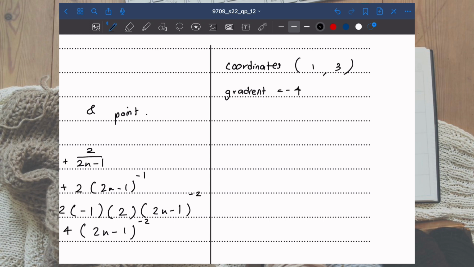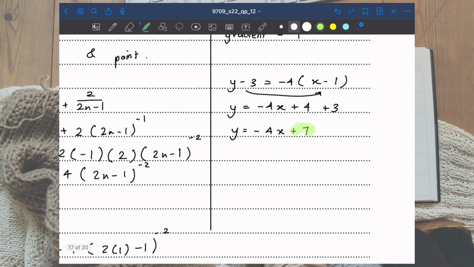Substituting these values into the equation of a straight line, y minus 3 equals -4 times x minus 1. y equals -4x plus 4. Then moving 3 to the other side, we get plus 3. So the equation of our tangent is y equals -4x plus 7.